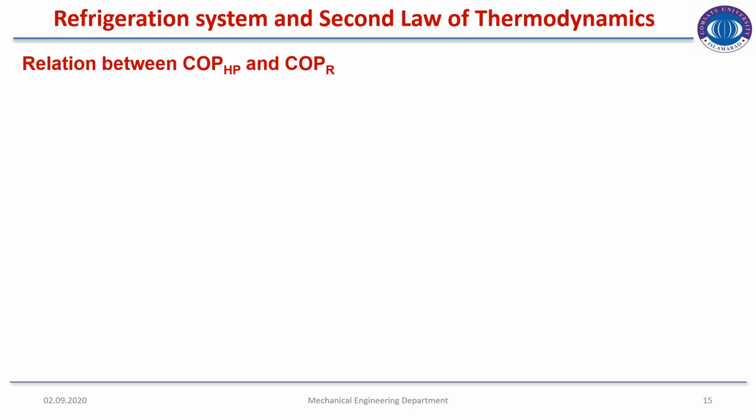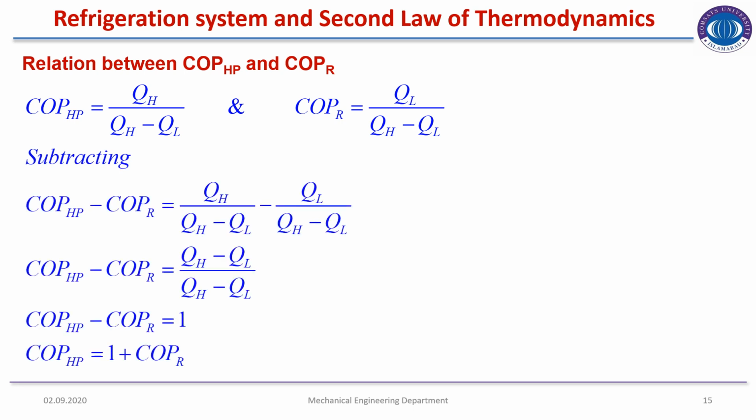Relation between the coefficient of performance of a heat pump and that of a refrigerator. The formula for COP of a heat pump is QH divided by QH minus QL, and COP of a refrigerator is QL divided by QH minus QL.